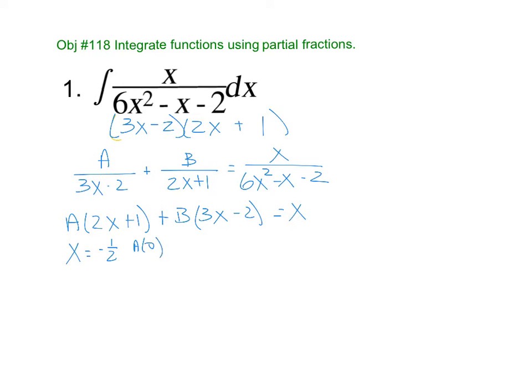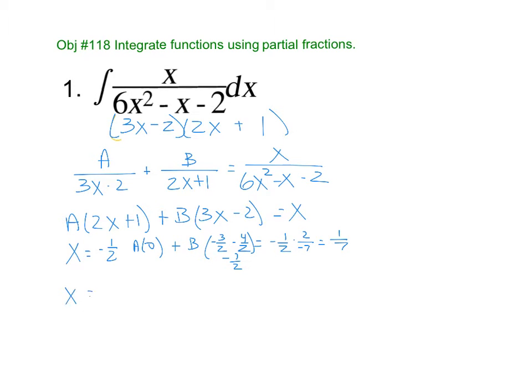A times 0 plus B times, let's see, -3/2 minus 4/2 equals -1/2. So that's -7/2. So times 2 over -7. So we get B equals 1/7. Right. So that one's like, yeah, these are annoying.